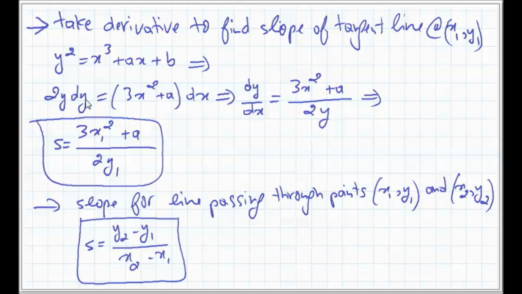So 2y dy is equal to (3x squared + a) dx. So dy over dx is equal to (3x squared + a) over 2y. So this is the slope when we are doing point doubling.